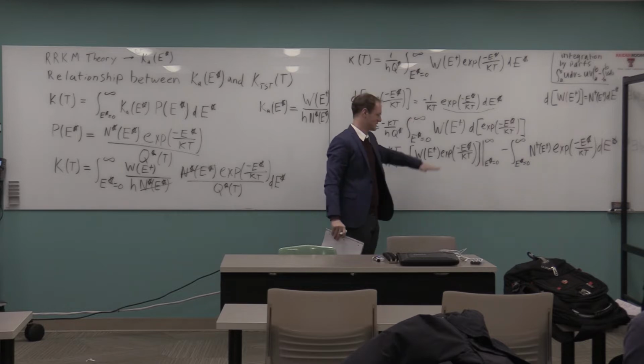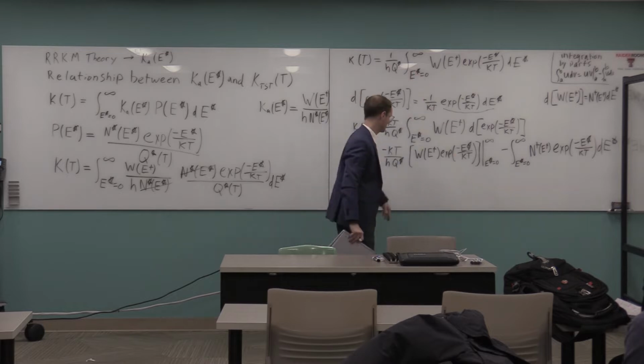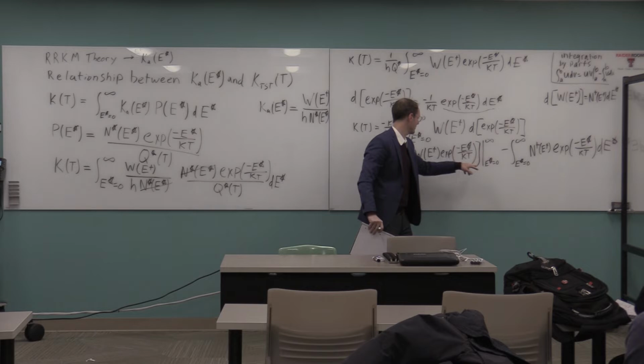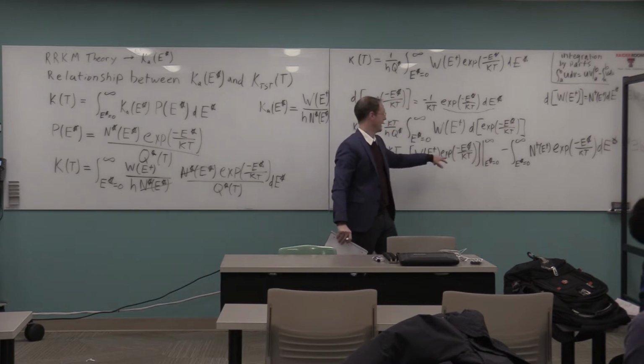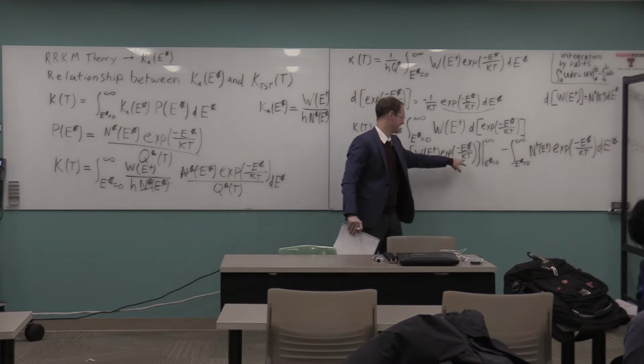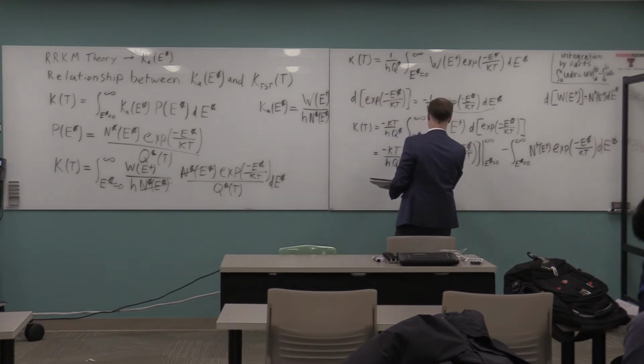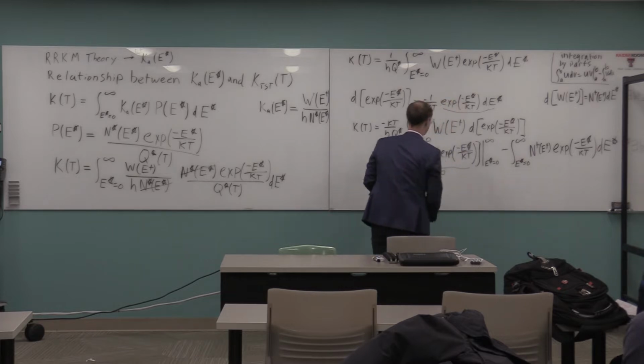At the zero of energy, there are no transition states yet, right? You have to go up at least a certain amount in energy before you start seeing transition states. So at E equals 0, this thing is 0. At E equals infinity, this thing is non-zero, but this thing goes to 0. So this first term here is going to be 0.